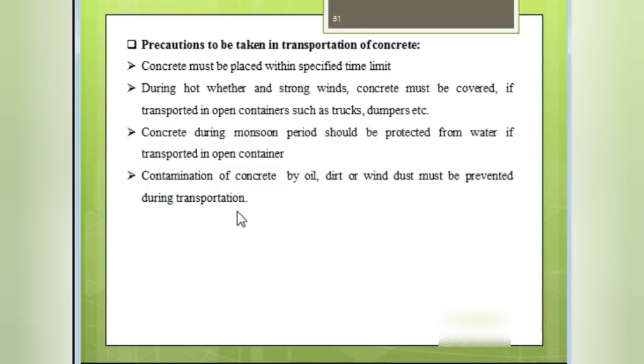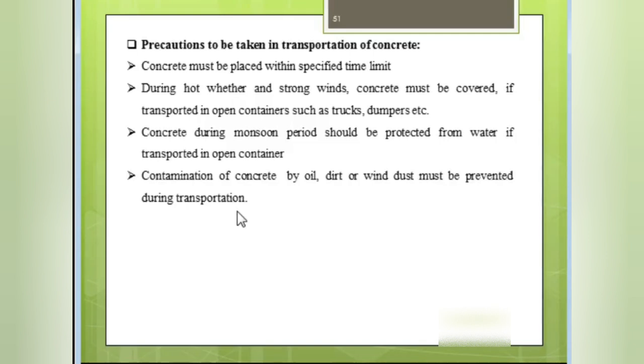Then what are the precautions to be taken at the time of transportation of concrete? Concrete must be placed within the specified time. As I told you, if your concreting is in the summer season, then the setting time is more, due to more heat of hydration.